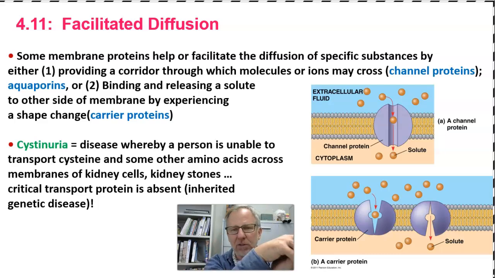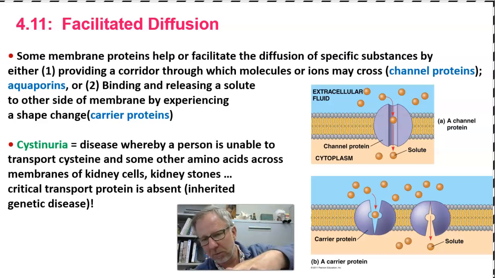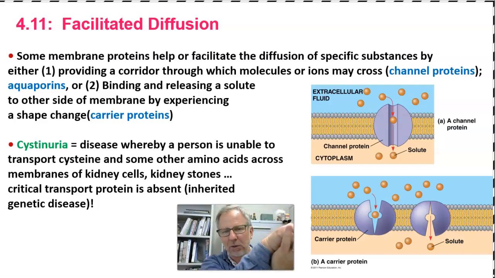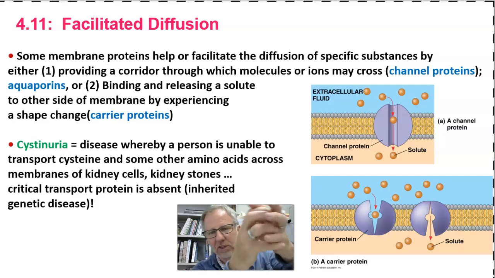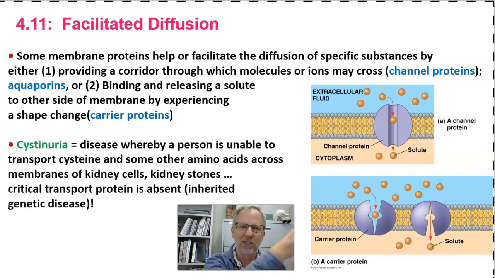And then the carrier proteins move the substance across the membrane and let it go. And then the protein goes back to the way it was. And then another molecule bumps into that carrier protein, it moves it across, so it's moving the substance from high to low concentration, carrying it across.